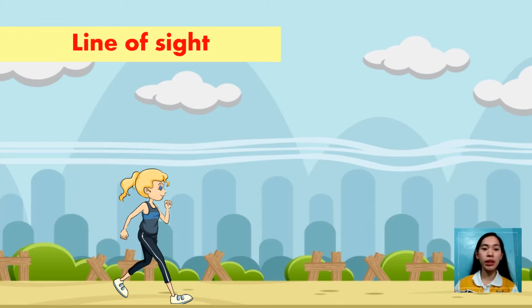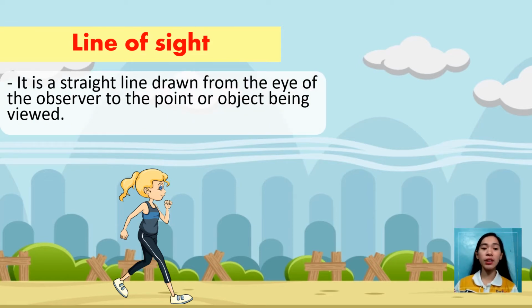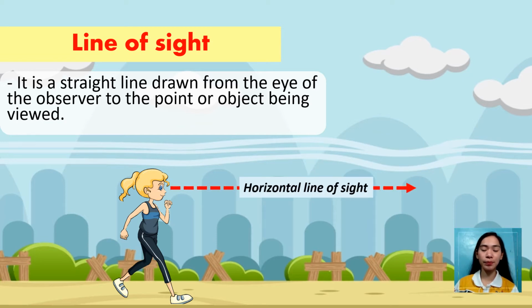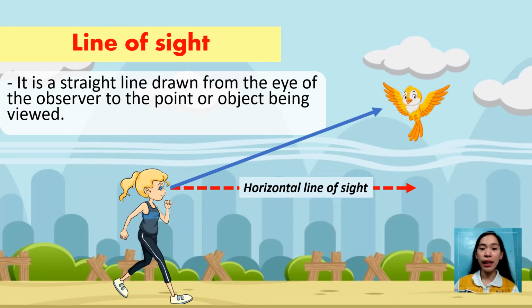Next, we have line of sight. It is a straight line drawn from the eye of the observer to the point or object being viewed. So again, suppose this is our observer, we're going to draw a horizontal line of sight. Okay? And for example, she sees an object, for example, a bird. So if she looks at the bird, it will also produce another line, and that's what we call line of sight.